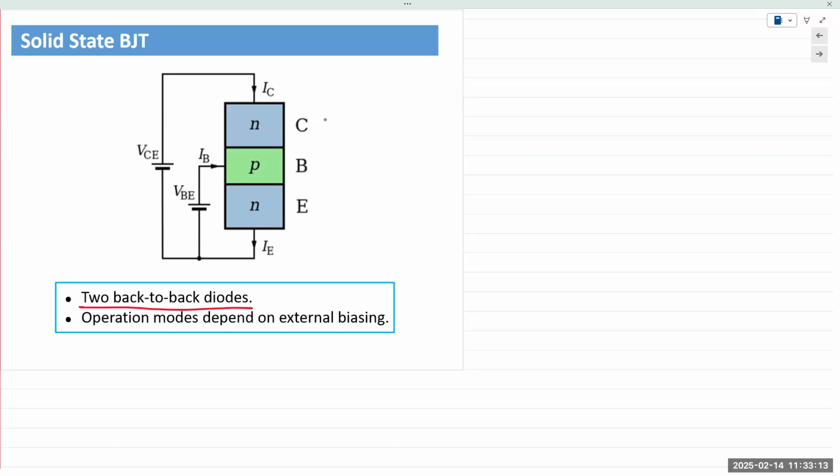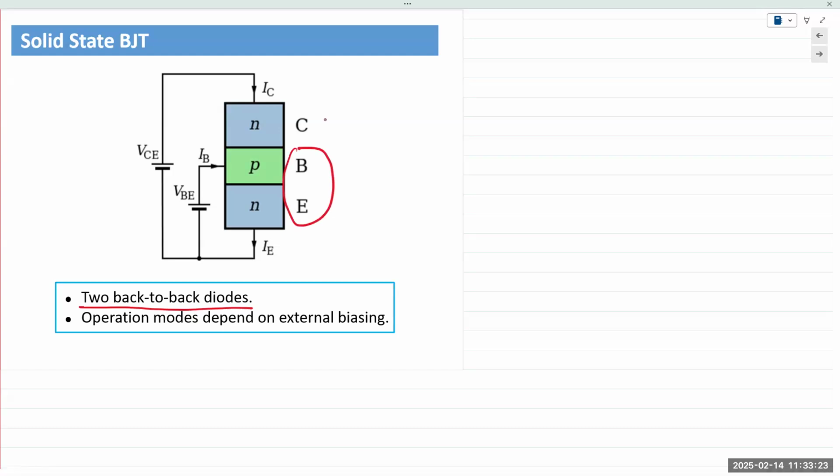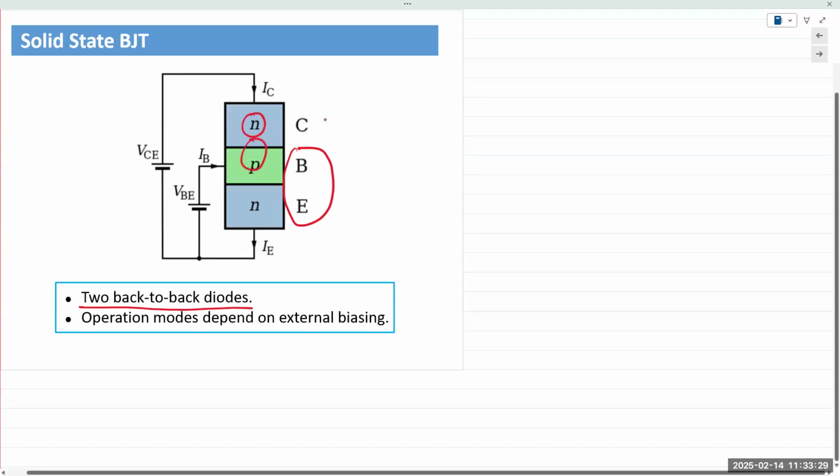That's what we would expect. If you apply a forward bias to the base-emitter PN junction, it should work as a regular diode. Same thing for the collector and the base. That's what the expectation would be, but that's not how it would work.